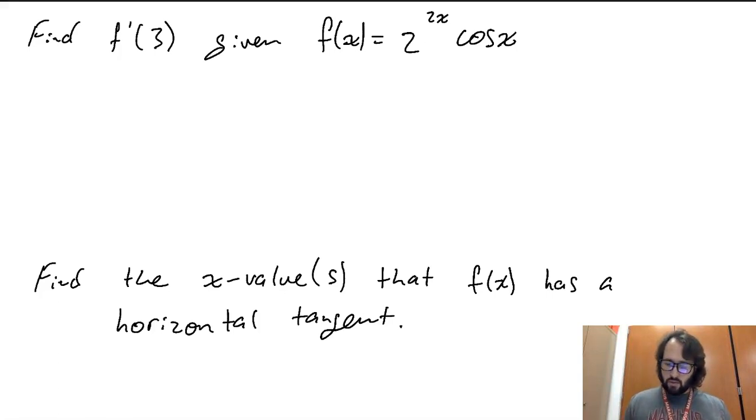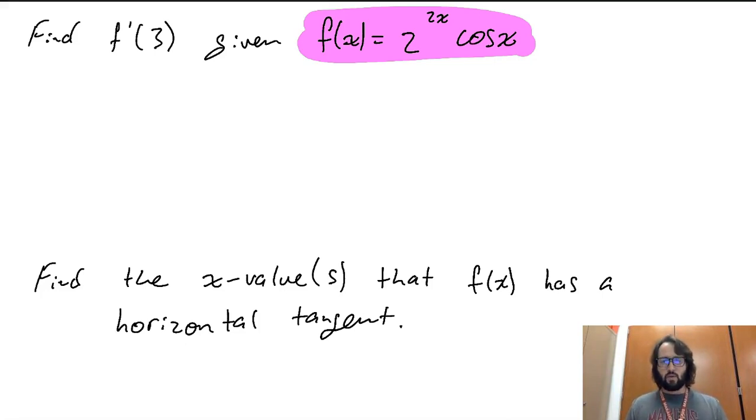So with this question, this is the only thing that I'm going to do, and it should help you well enough. I am given this function, 2 to the 2x times cosine of x. We can do that derivative, right? We'd have to use the chain rule and the product rule, and then I could plug in 3 and keep going from there. But I can also do it in my calculator.